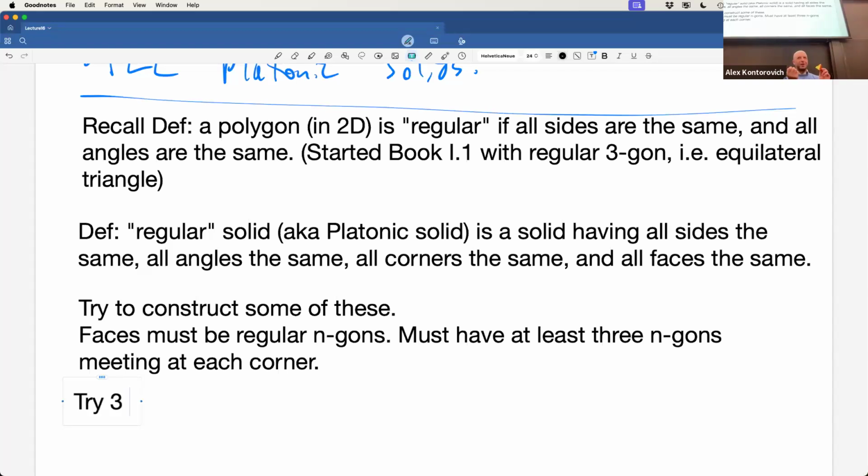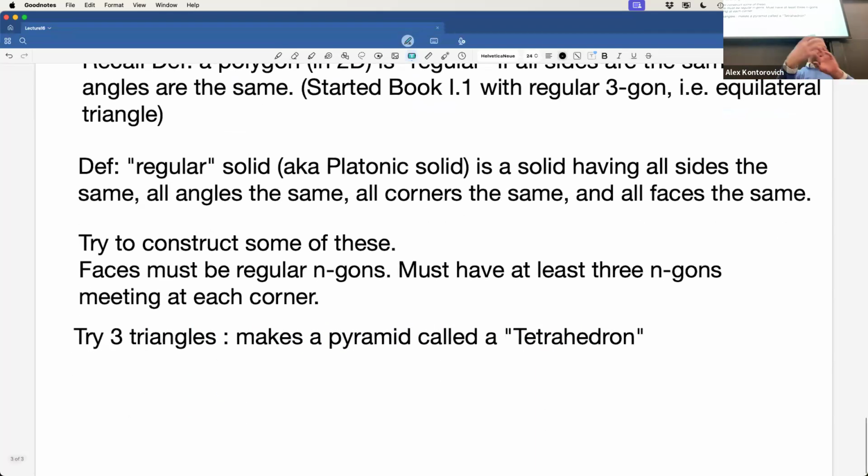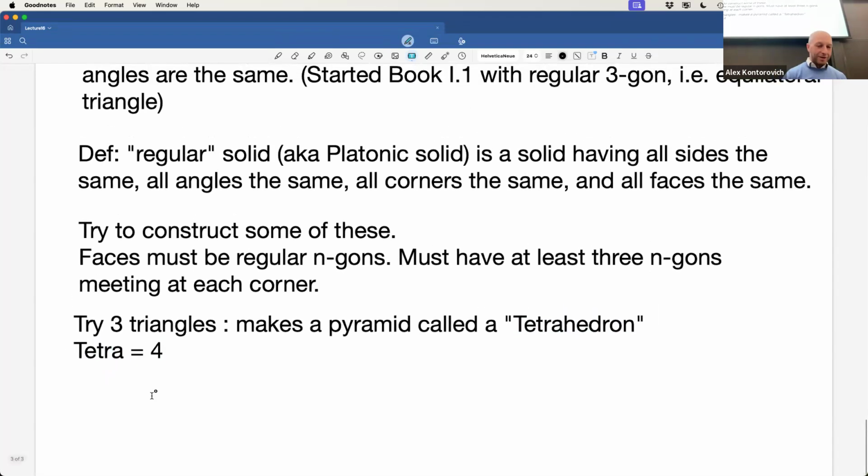Anybody play a game when you were little with 4 little squares falling down? Tetris, because of 4: tetrahedron. So 3 triangles at a corner makes a perfect pyramid called a tetrahedron. Hedron, as opposed to gon, is a solid as opposed to a flat shape. Tetra is 4.